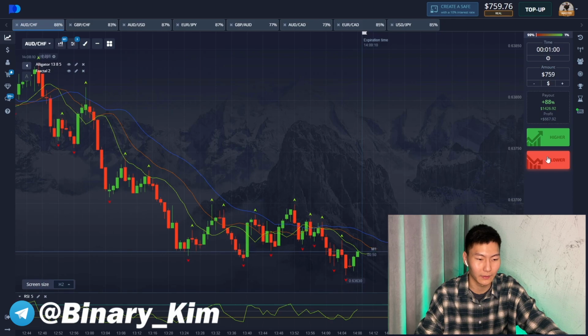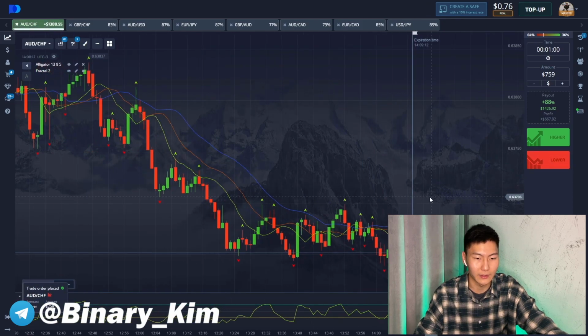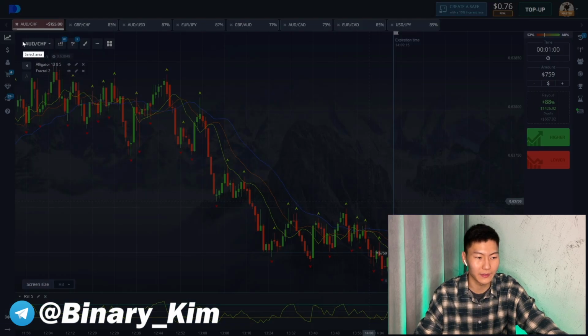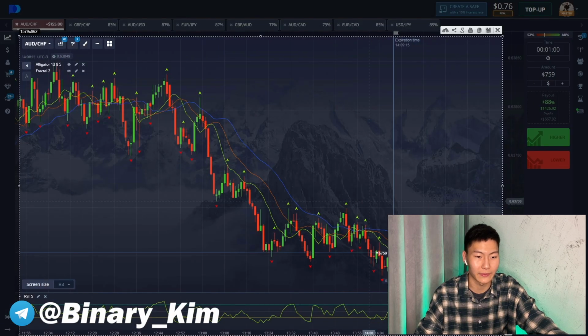Well, and let's open a short position here. We open with the trend, guys. All the moving averages are facing downwards. Alligator jaws are above the price, and they tell us that the downward dynamics prevails here.